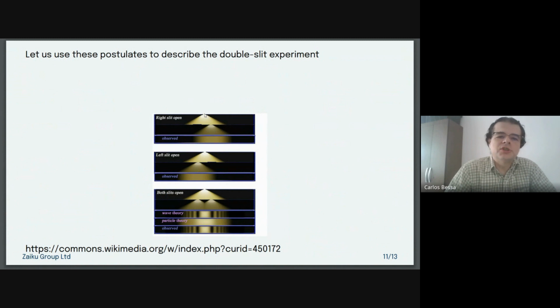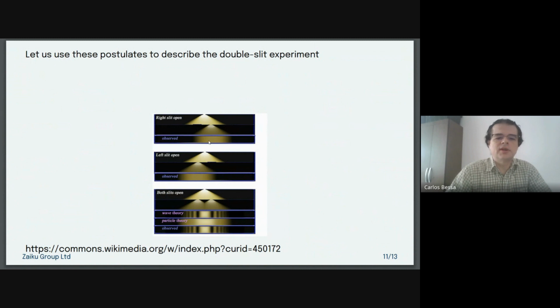So consider a set of electrons being sent from the source one by one. If you close one slit and let only one open, like in this first case, what I'm calling the right slit, only this slit is open. What you will observe is something like that. That is related with the classical theory or the particle theory.